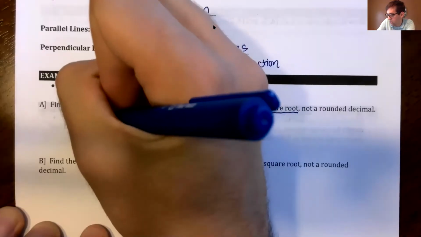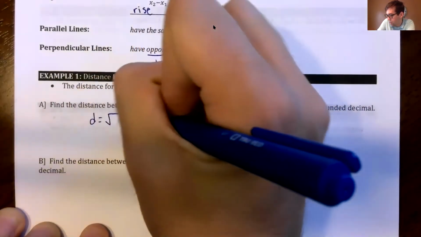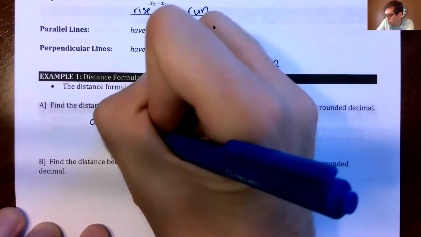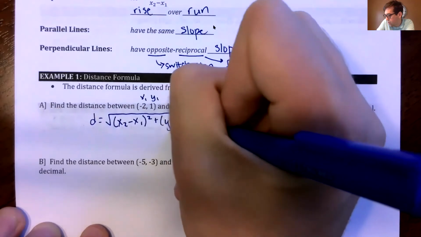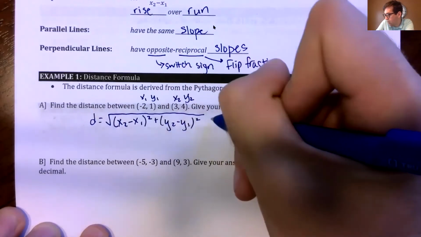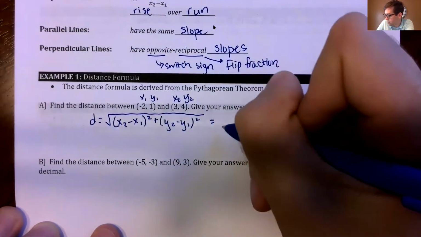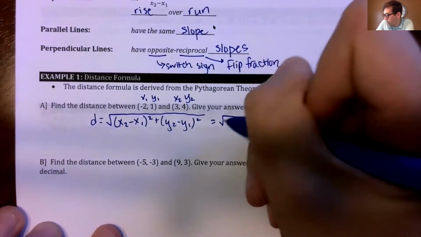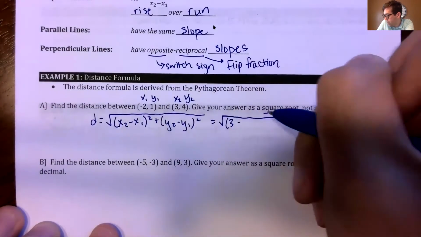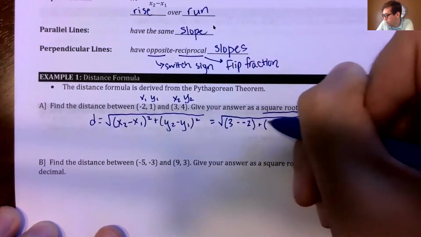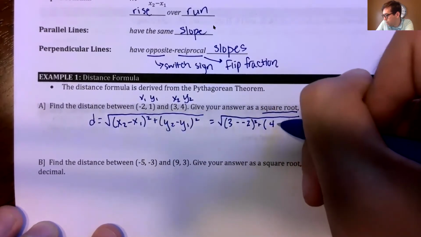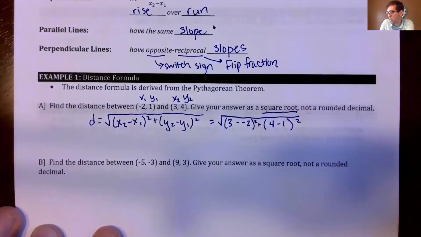So real quickly, here's our formula, x2 minus x1 squared plus y2 minus y1 squared. And we're going to plug them in. Shouldn't be too bad. We have x2 minus x1 and y2 minus y1, both sets squared.